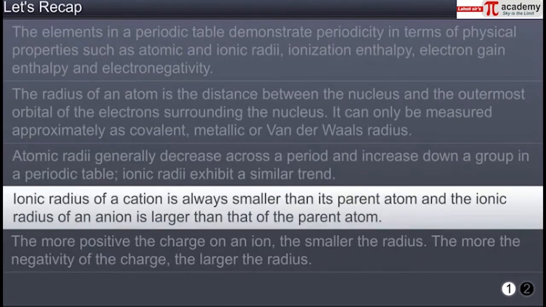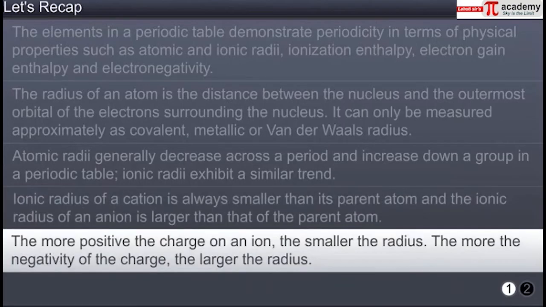Ionic radius of a cation is always smaller than its parent atom, and the ionic radius of an anion is larger than that of the parent atom. The more positive the charge on an ion, the smaller the radius. The more the negativity of the charge, the larger the radius.